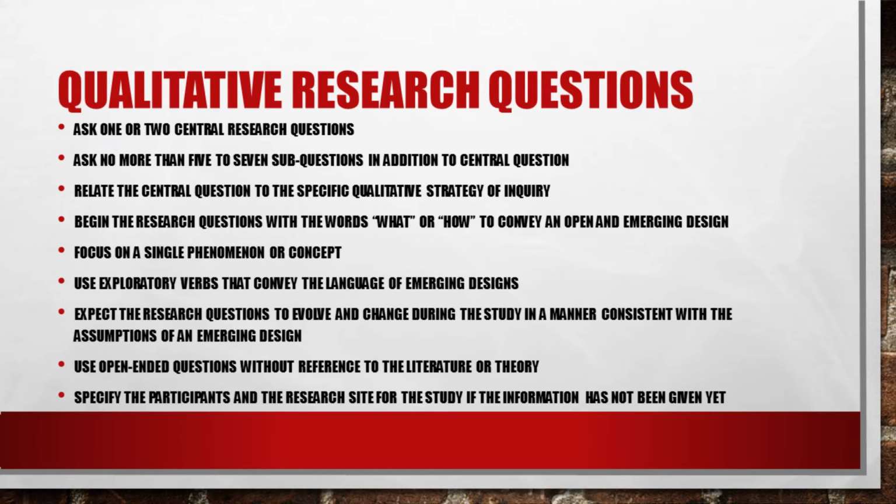I recommend using open-ended questions. You want to specify the participants and the research site for the study if you've not already given that information. An example of a qualitative research question might be, what are the perceptions of high school administrators on the practice of classroom inclusion?